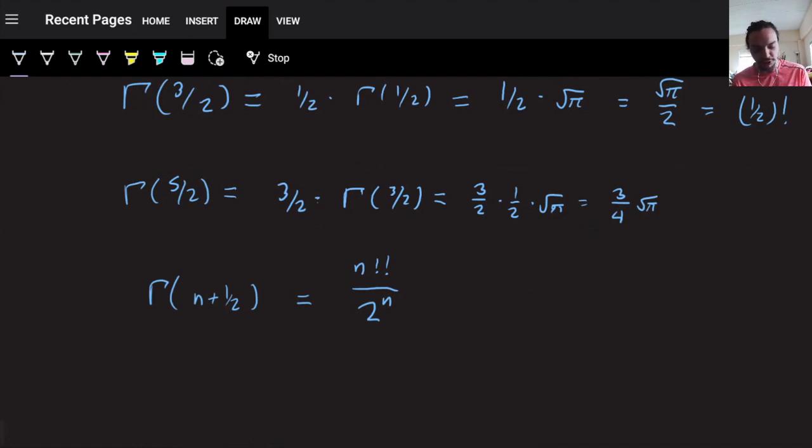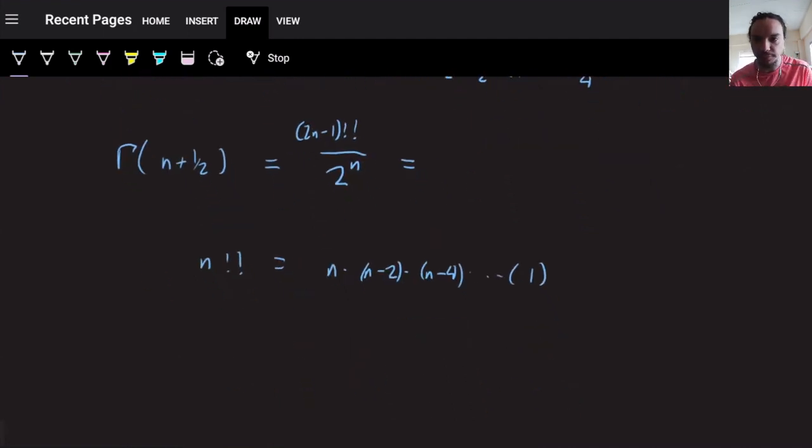In this case, if we have n equals 2, we had 5 halves, and we got 2 times 2 minus 1 is 3, so we got 3 double factorial. And double factorial equals n times n minus 2 times n minus 4, all the way down to 1, where n is an odd number.